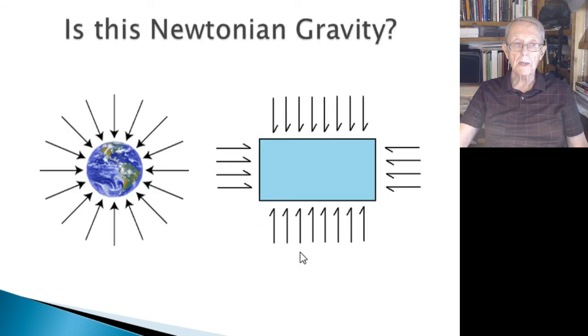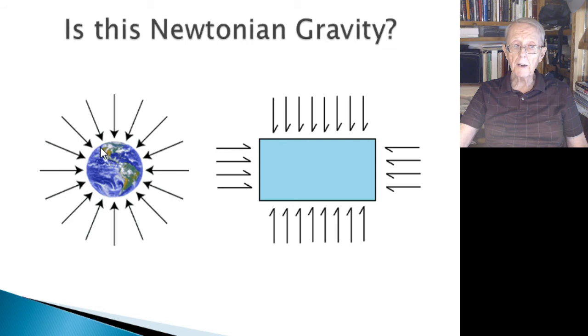So let's compare. On the left, we have the Earth with its force, Newtonian gravity. Is this on the right Newtonian gravity? That's the question. Okay. So let's look at it more carefully and analyze it in more detail.